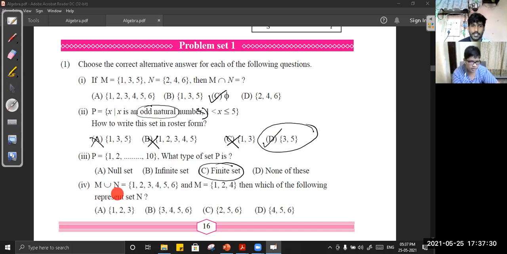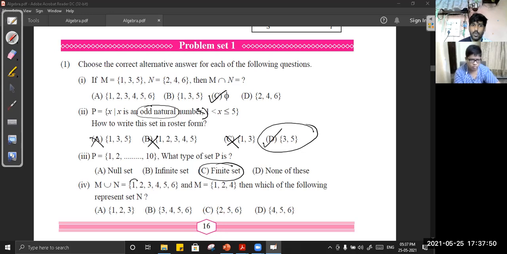Look at the fourth one. M union N is {1, 2, 3, 4, 5, 6}, and M is {1, 2, 4}. Then which of the following represents N?